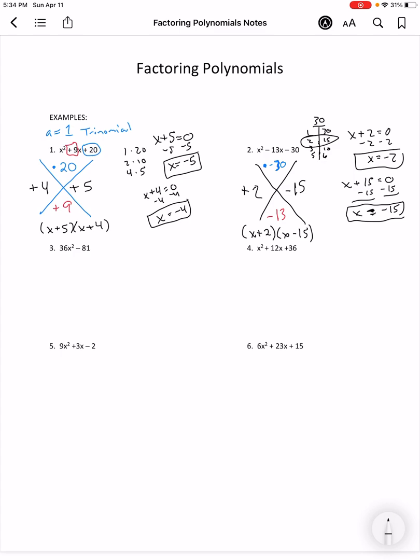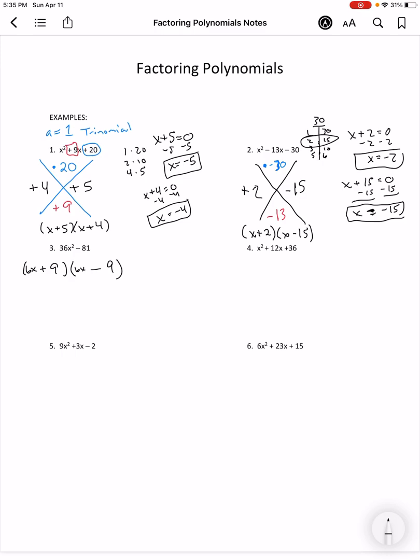If the answer to that is yes, then I'm going to set up what we call a difference of squares. So I'm going to set up 2 binomials, one with a plus sign in the middle and one with a minus. And then I'm going to square root the 36 and get 6. I'm going to square root x squared and get x, and I'm going to put it in each side. And then the square root of 81 is 9, so I'm going to put a 9 on each side.